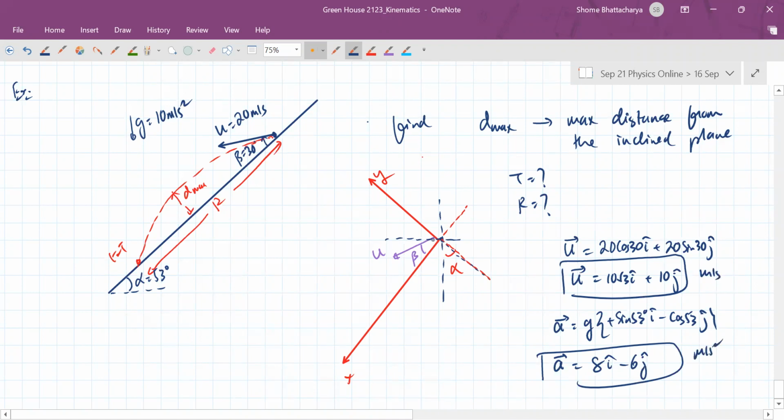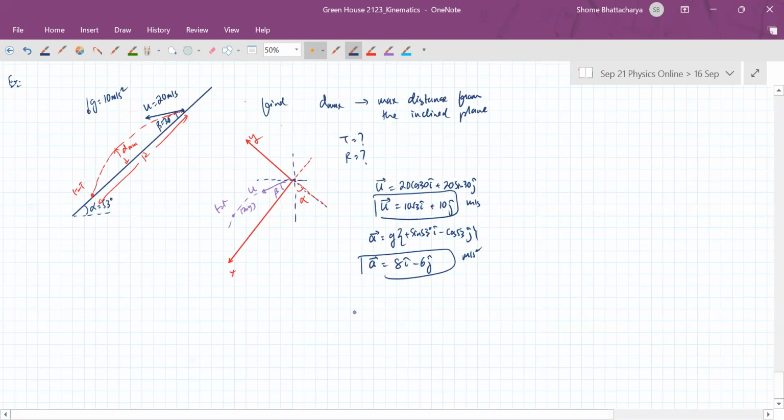So from this now we can write, as the projectile moves at any point of time, its coordinates can be written like this. X as a function of time will become 10 root 3 t plus 4t square, and y as a function of time will become 10t minus 3t square.